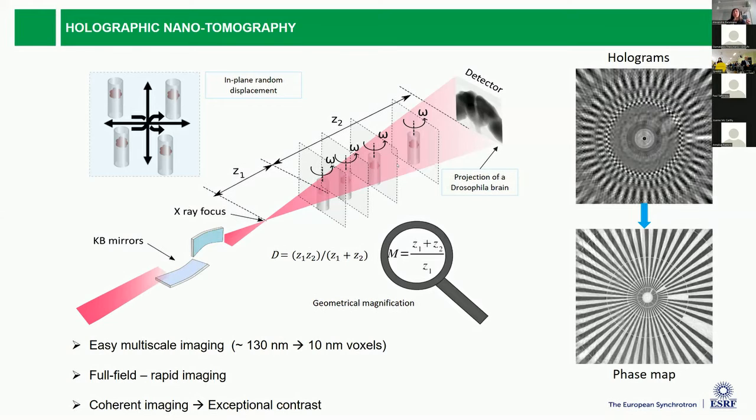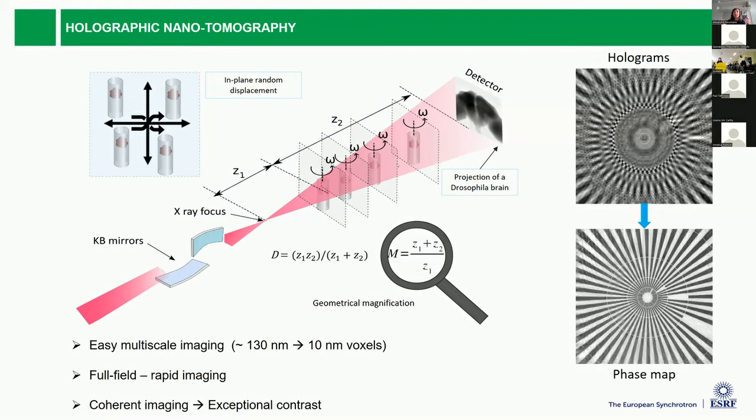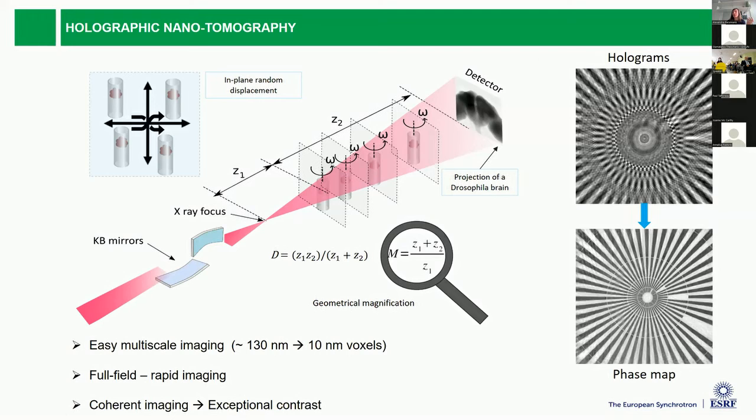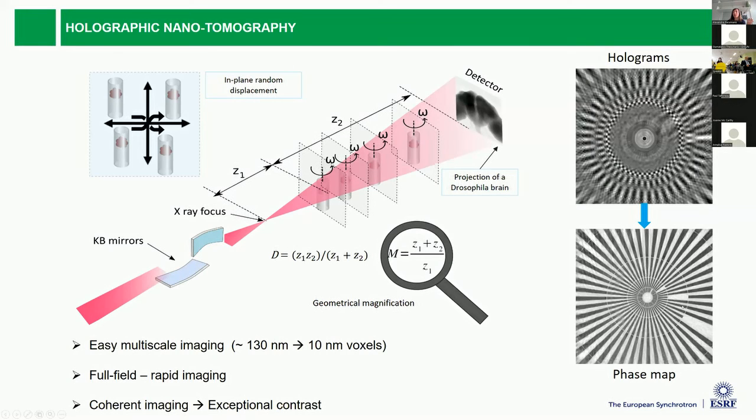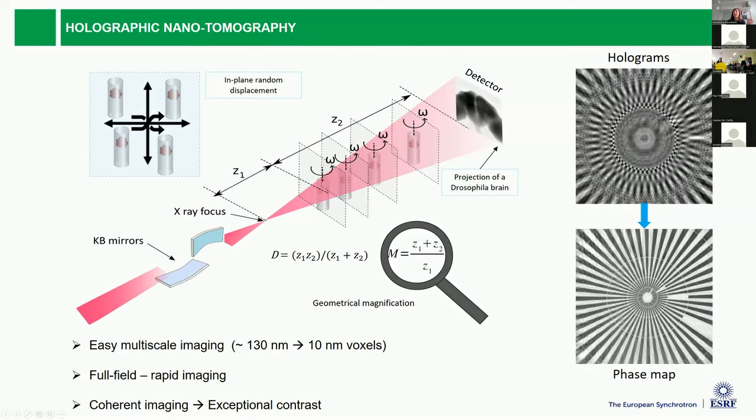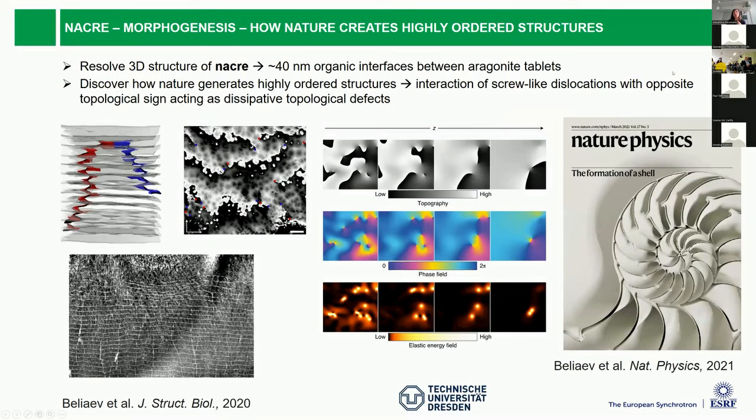So we typically image at voxel sizes between 10 and around 100 nanometers. And just to give you an idea, the raw data of a simple object, as you see on the lower right side, looks like this, a bit psychedelic, when you place the object at different distances between the focus and the detector.